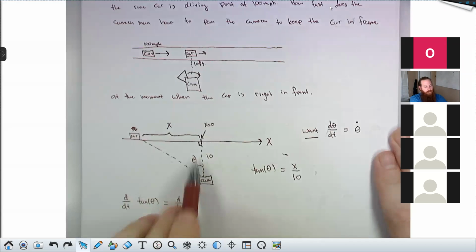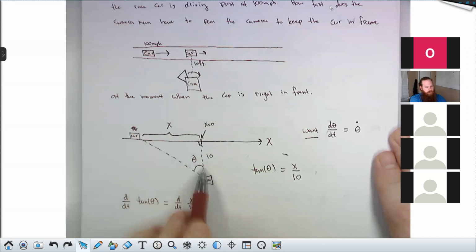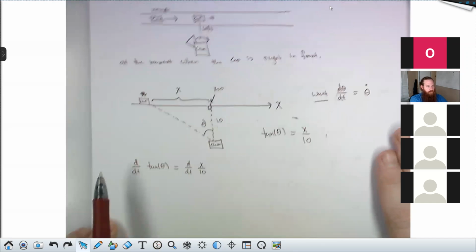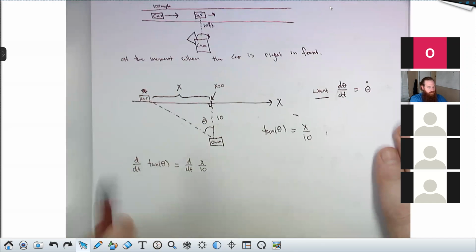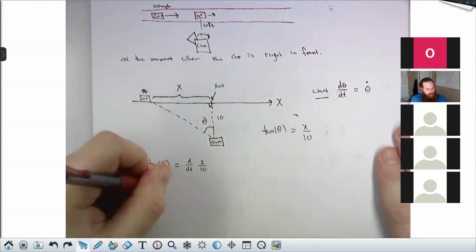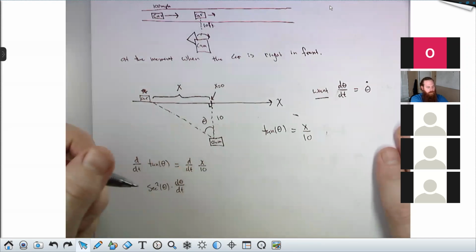So if this is theta, this is a right angle, so I've got a right triangle here. Then the tangent of theta is always the opposite over the adjacent. So tan theta is x over 10. Now if I differentiate through that, d dt of tan theta is secant squared theta times d theta dt.